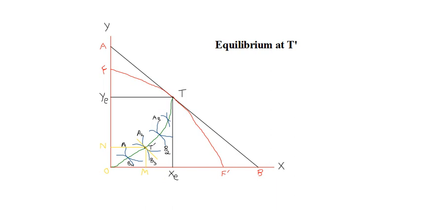So that is how consumer equilibrium in general equilibrium analysis is obtained, by taking into account the price information also and the ratio of prices.